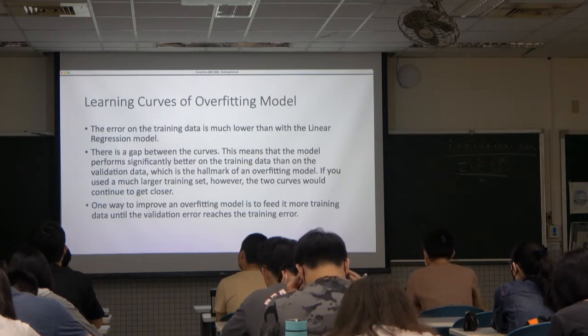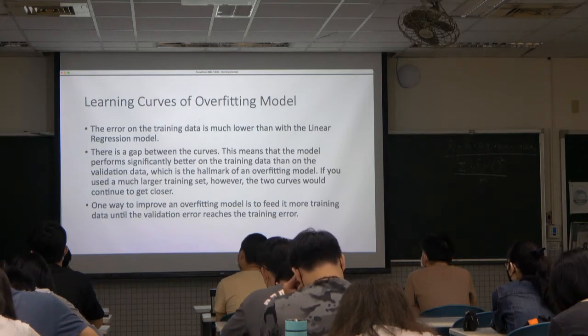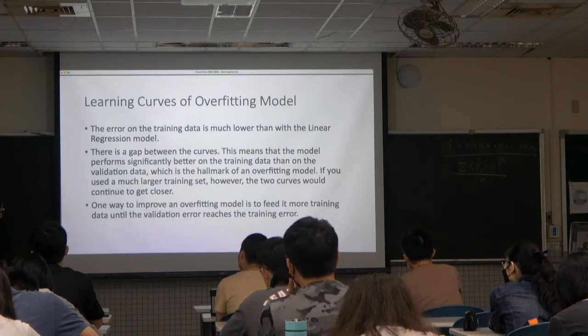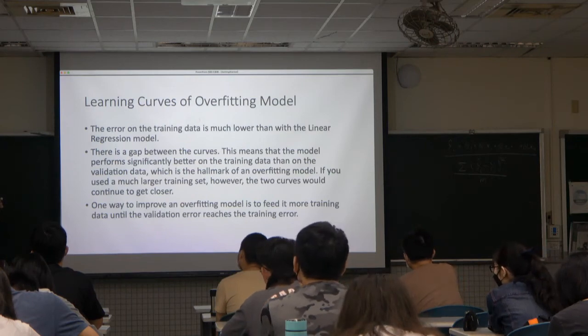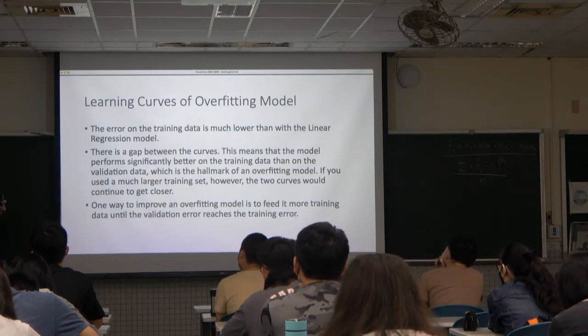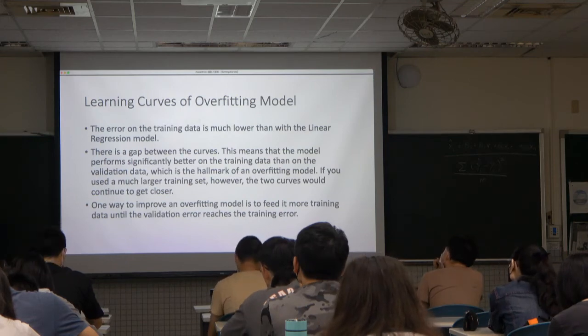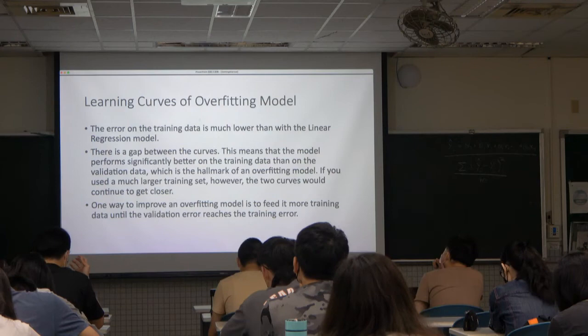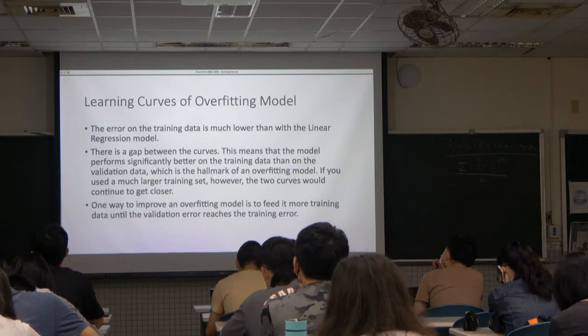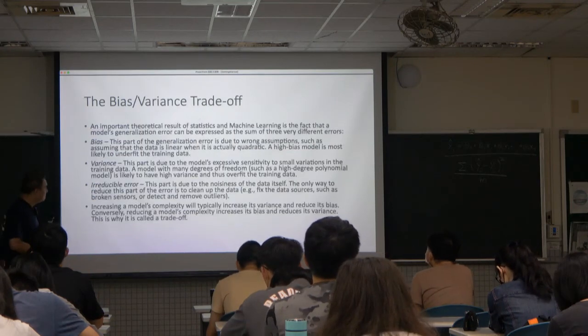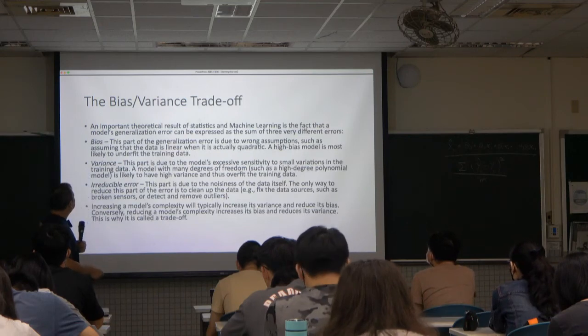And if the model is overfitting, there will be a gap between the training error and the validation error after training, which is caused by the model picking up the noise.